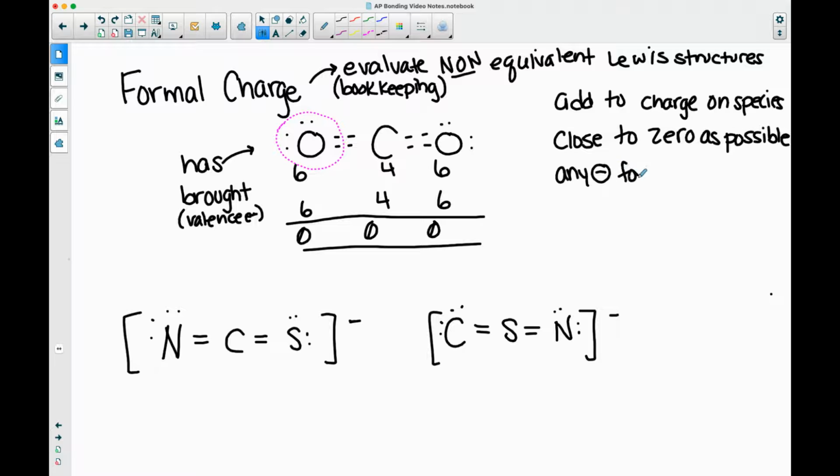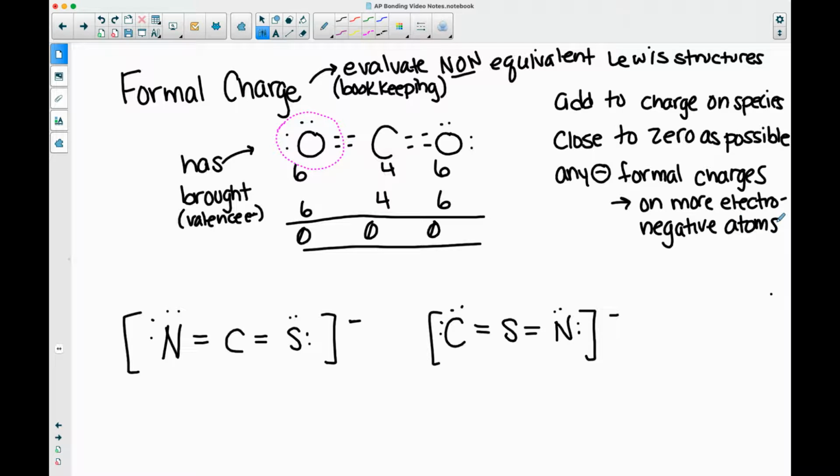Any negative formal charges should be on more electronegative atoms.